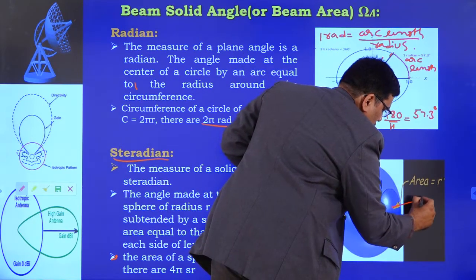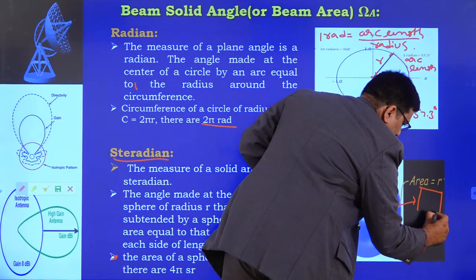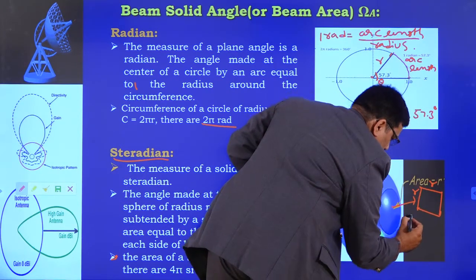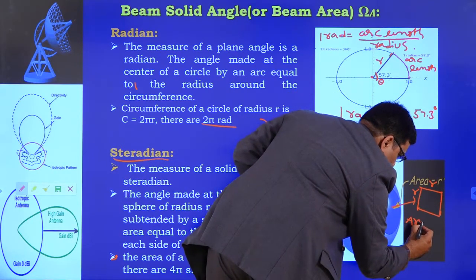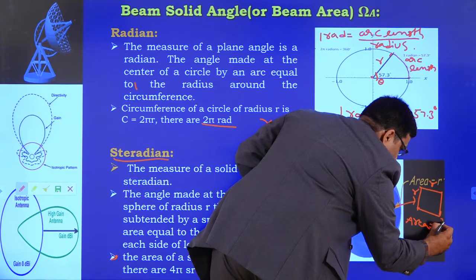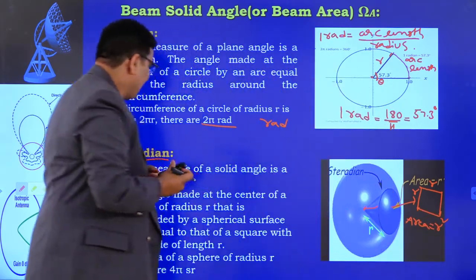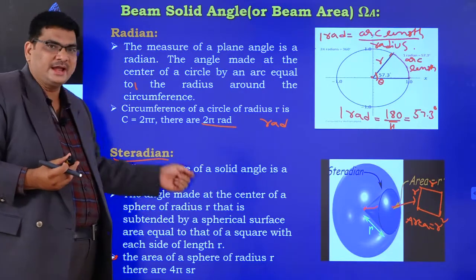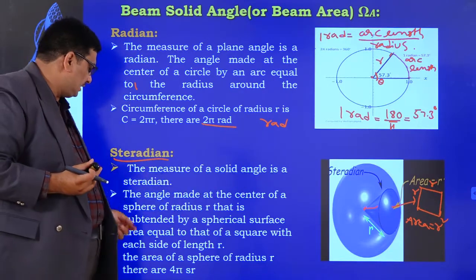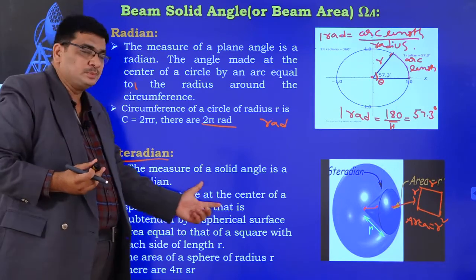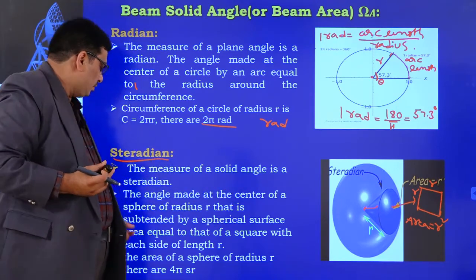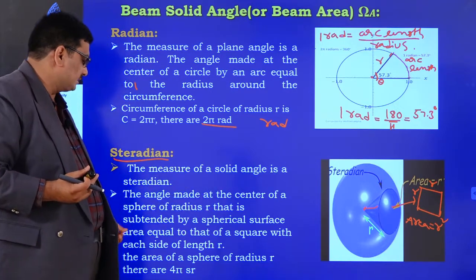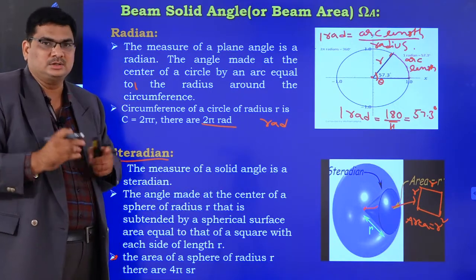This area looks like a square with sides r and r, so the total area is r square. So, the angle made at the center of a sphere of radius r is subtended by a spherical surface whose area is equal to a square with side length r.